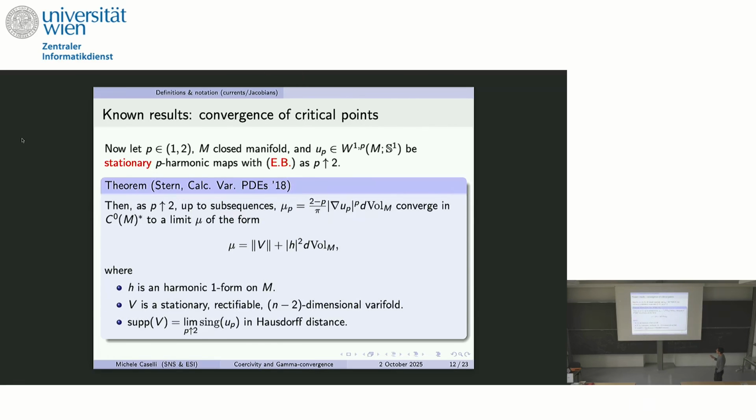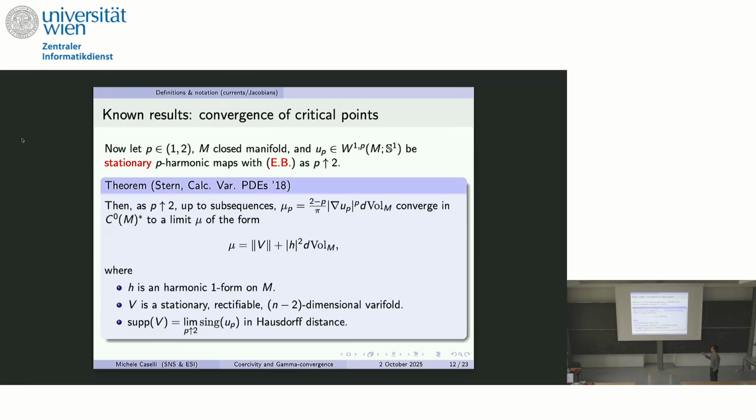Then there is this paper by Daniel Stern that tells you the following: as p tends to 2, the same normalized energy measures converge in duality with C^0 to a limit measure that has a structure less simple than the one before for minimizers, for various reasons. First, the limit measure can have a diffuse part.